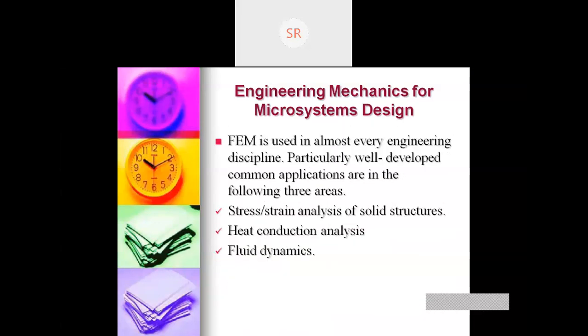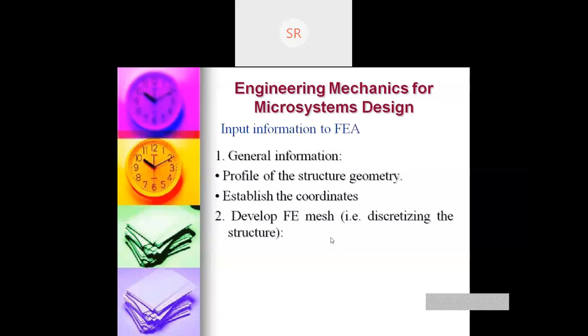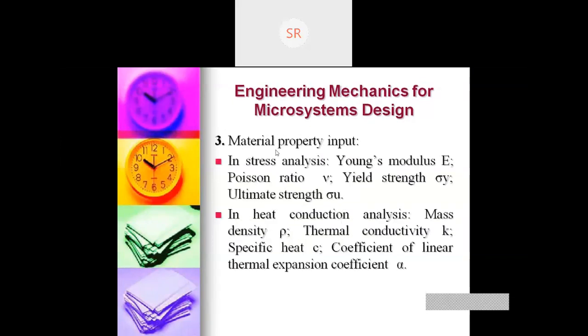Then what are the analyses that I can do in FEM? It can be stress and strain analysis, heat conduction analysis, fluid dynamics. Then what are the inputs I need to give, like the general information, then develop the FE mesh, then give the material property. If it is stress analysis, what inputs do I need to give? If it is heat conduction analysis, what inputs do I need to give?